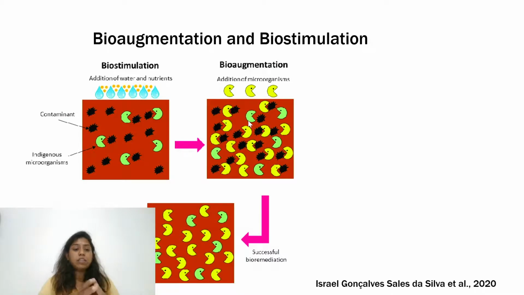But at the end, the environment should be contaminant free, and whatever products are produced by these microbes that were initially added should not be harmful to the environment or to the other indigenous microorganisms present in the region. But we can also remove these microorganisms that we have added through bioaugmentation before releasing the contamination-cleared product into the environment.